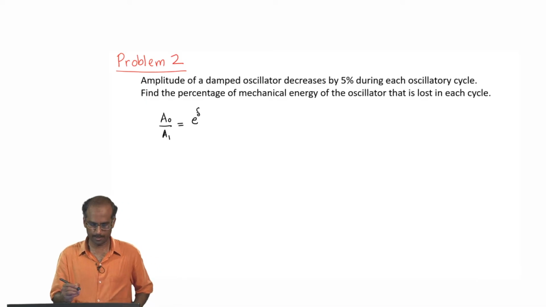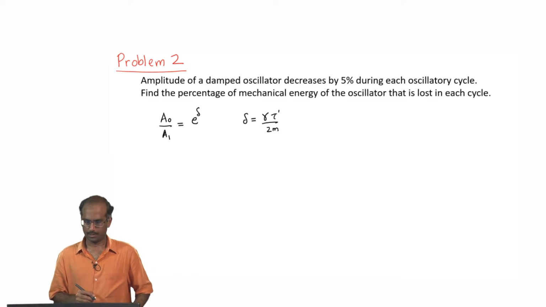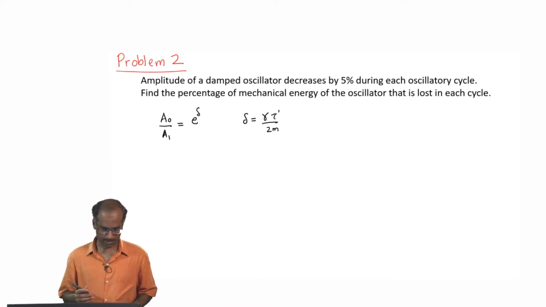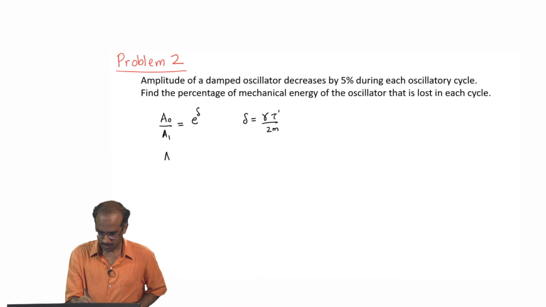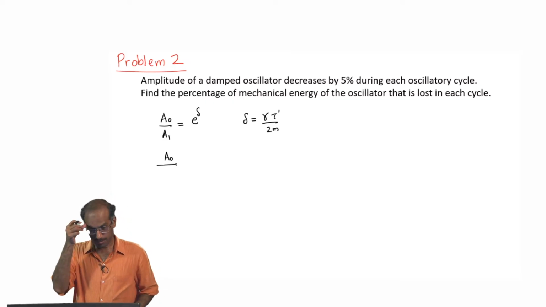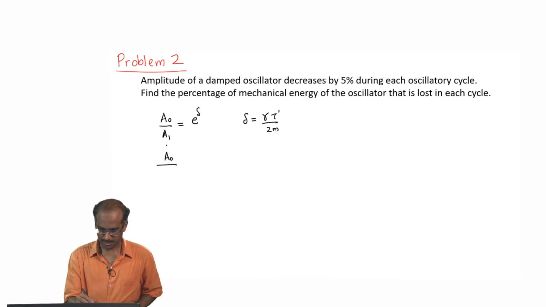I hope you remember the definition of delta that we had, which was gamma tau prime divided by 2m, where tau prime is the time period of the damped oscillator. Now, A0 is the initial amplitude of the damped oscillator, and the statement says that after one period it decreases by 5%, in which case A1 will simply be equal to 0.95 A0, and that is equal to e power minus delta.